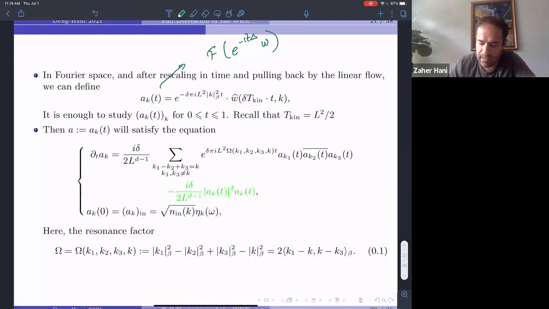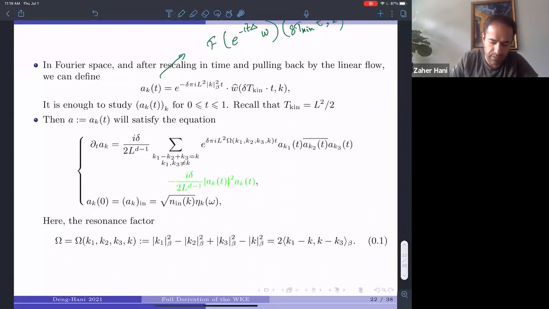So we are taking w hat at delta times the kinetic time times t. Okay, so that's what we're doing here. So this gives us a_k of t. The only thing that you need to remember is that this is essentially the Fourier transform of w. And this is the equation that you end up with. So you end up with an infinite system of ODEs for the a_k, which is equivalent to NLS in Fourier space.